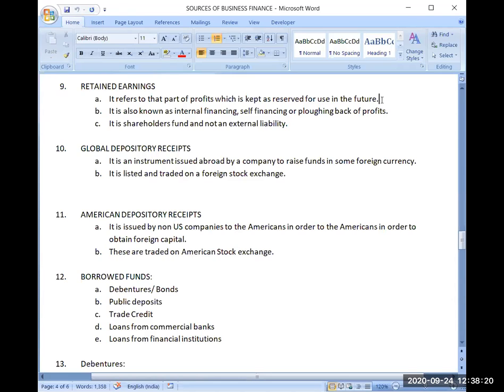It is also known as internal financing or self-financing or flowing back of profits. Because you have not got that amount from any external source, it is owner's money. So that's why it is also called internal financing.